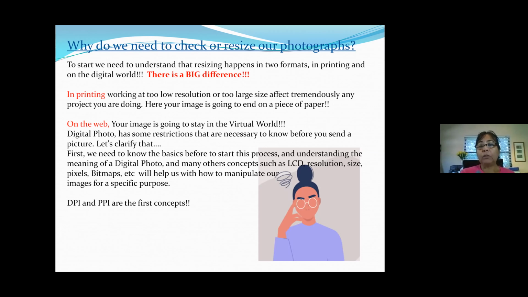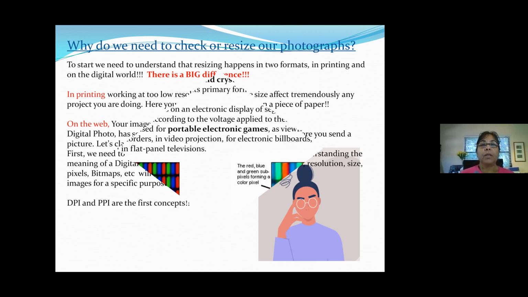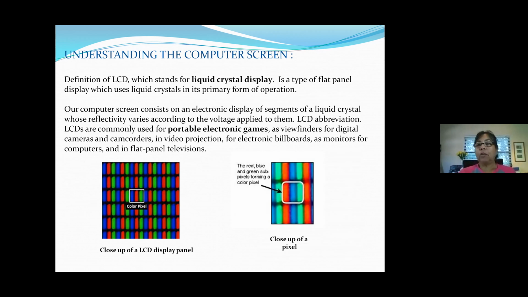So we are going to start by understanding the meaning of a digital photo, the concepts of what is an LCD, what is resolution, what is size, what is pixels, what is bitmap, all that, okay? So let's start with the DPI and PPI first concepts. Understanding the computer screen. What is what we have in front of us? What is the computer?